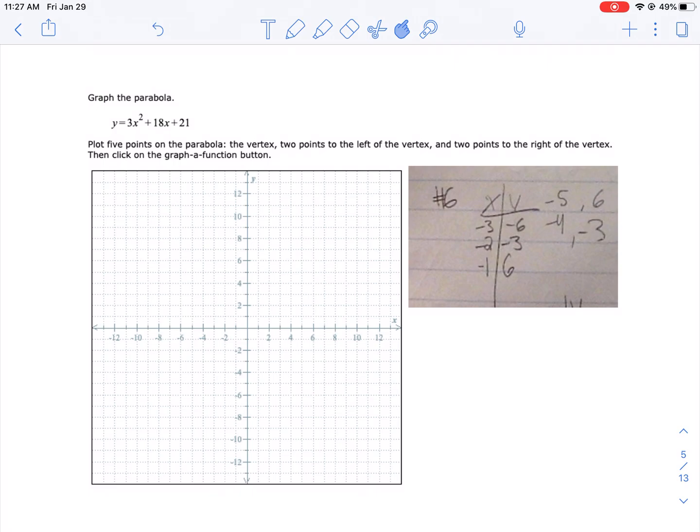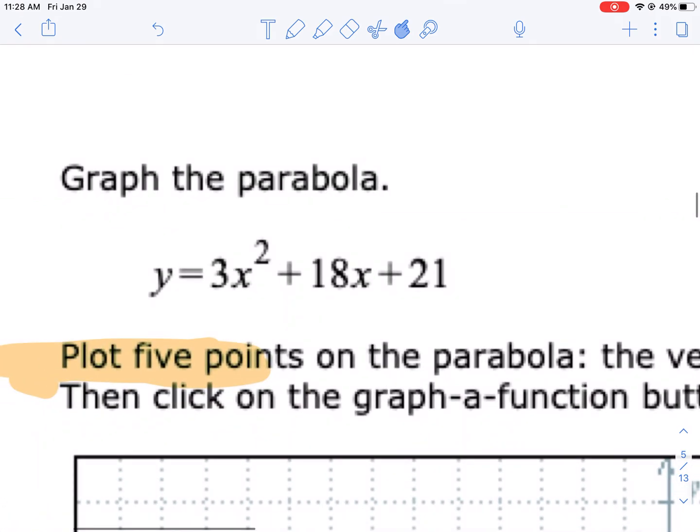We're going to graph this parabola. And I think what happened is on this one, when I looked at your work, you only plotted 4 points. So you didn't get a parabola. Let's make sure you did this right, because I can't tell from the work because I don't see all the work, but I do see the table. So x equals -b over 2a. Remember, the number in front of x squared, your leading coefficient, that's a.